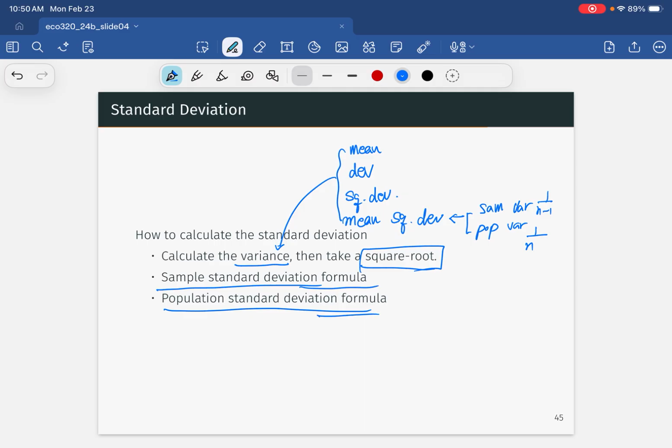Just take square root of them, right? So then we call sample standard deviation if you use n minus 1 in the denominator, and population standard deviation if you use n in the denominator. Again, which one is more commonly used? I would say sample standard deviation is more common in practice.